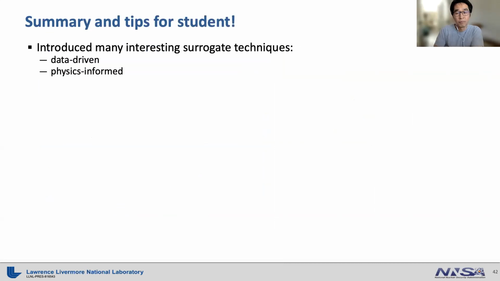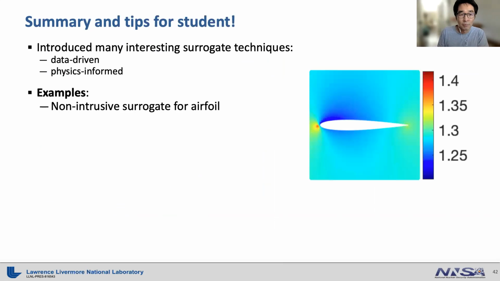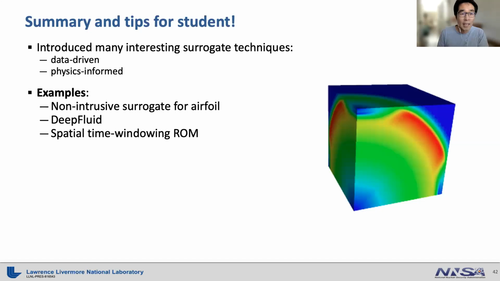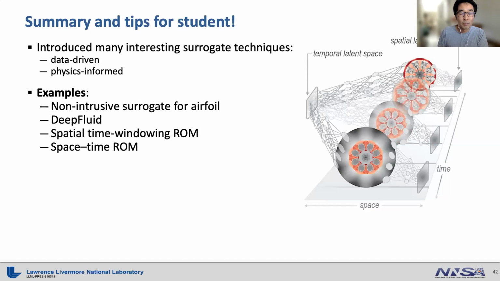Okay, so that was the last example I would like to introduce, and this is my summary slide, and hopefully all those examples were interesting to you. The examples I have shown you were the non-intrusive surrogate models for airfoil, and another the black box approach applied to 2D Burgers' equations, and the space-time reduced model, the time windowing reduced model applied to the Lagrangian hydrodynamics, and the space-time reduced model applied to the Boltzmann transport problems.